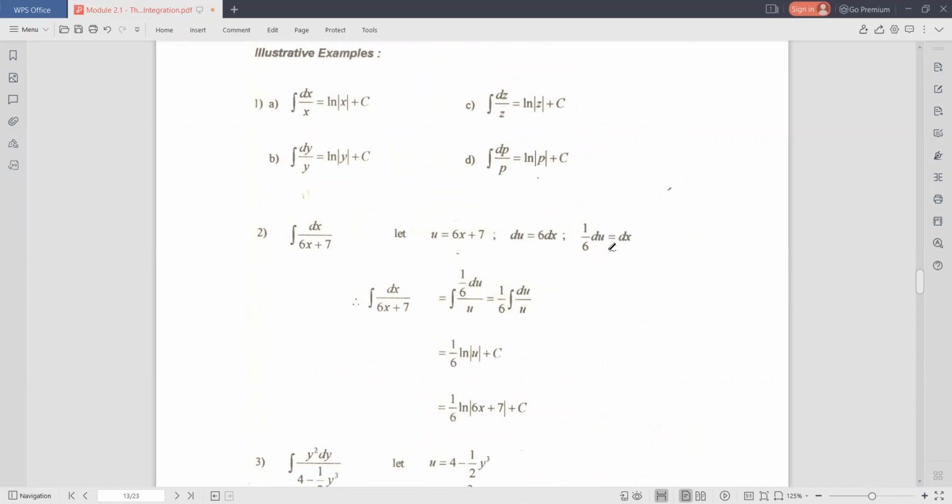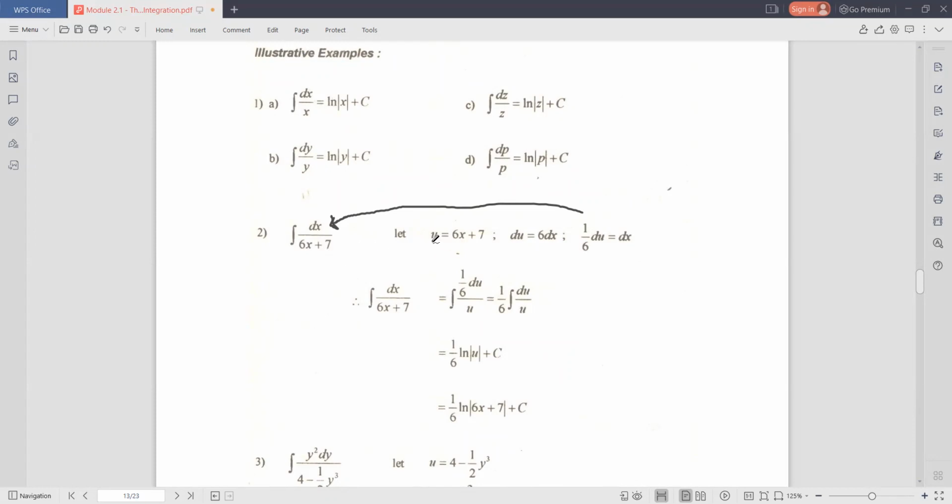Now you just replace in the given: your dx is 1/6 du, and your u is 6x plus 7.